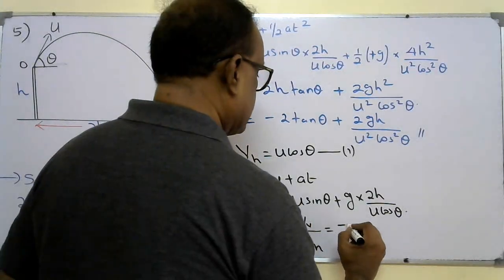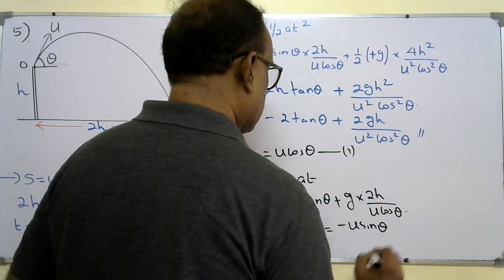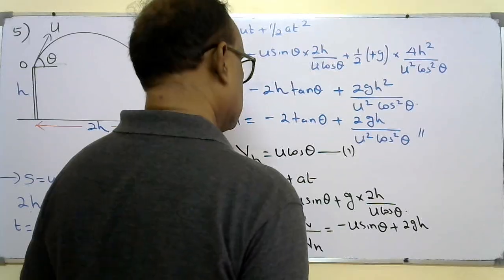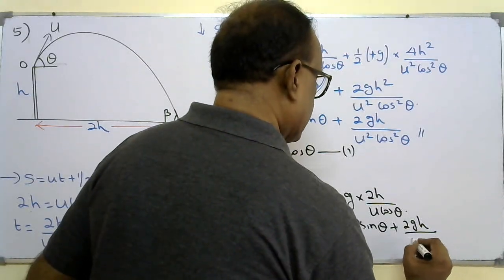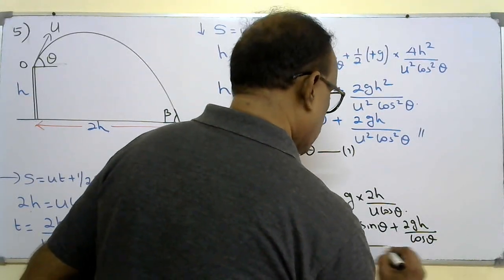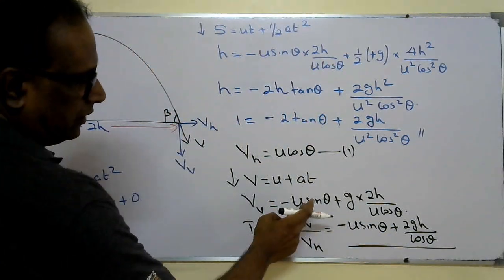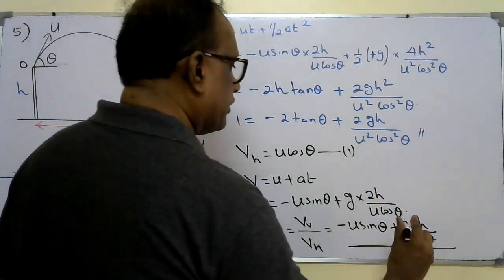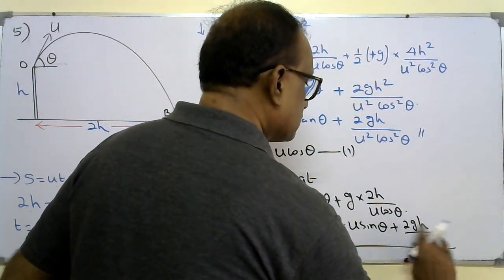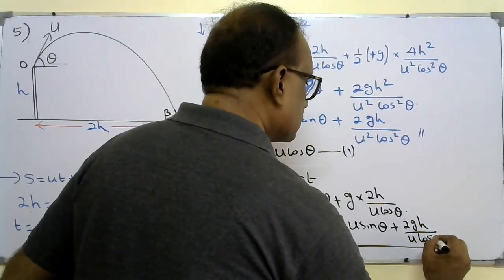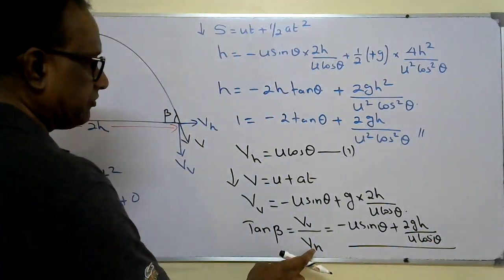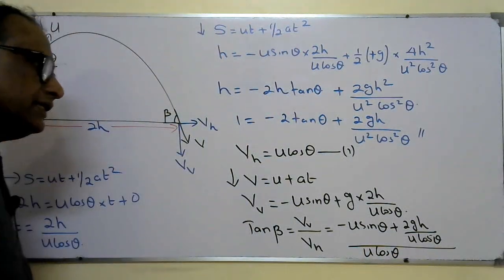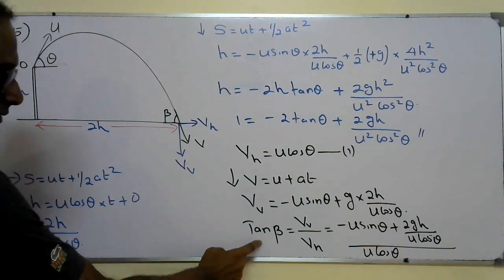VV means minus u sin theta plus 2gh over u cos theta, divided by VH. VH is u cos theta. Right? Because we need to find tan beta, isn't it?